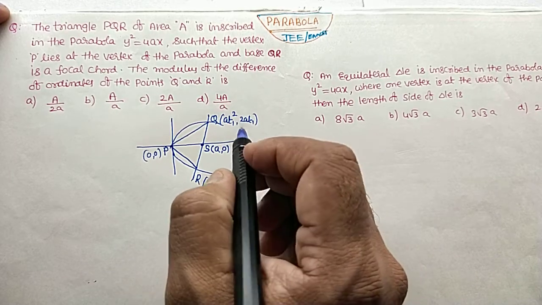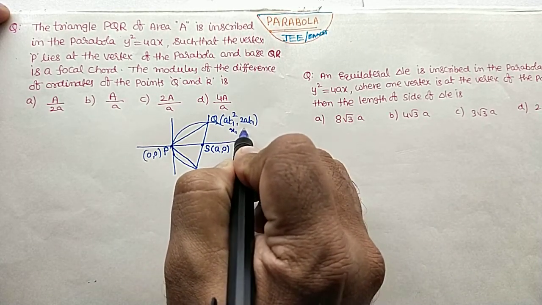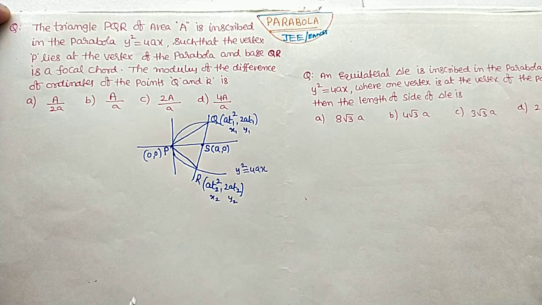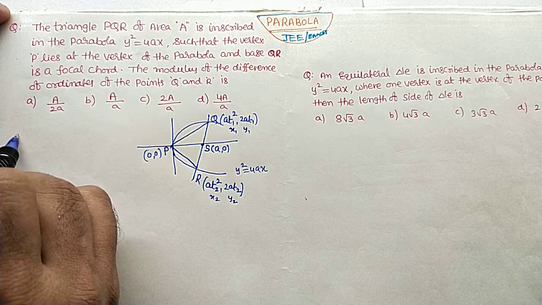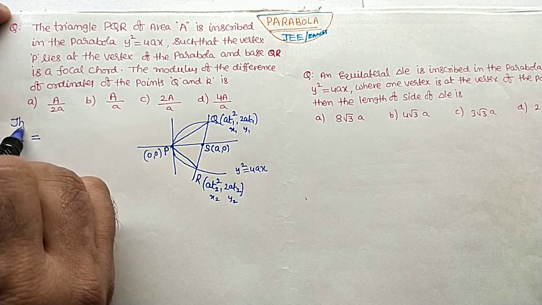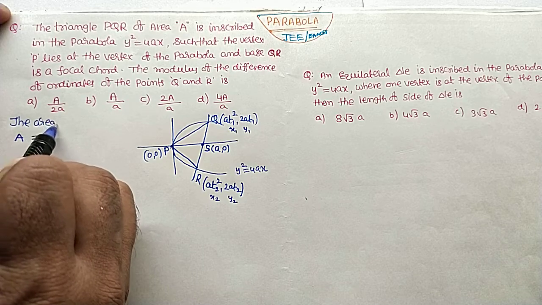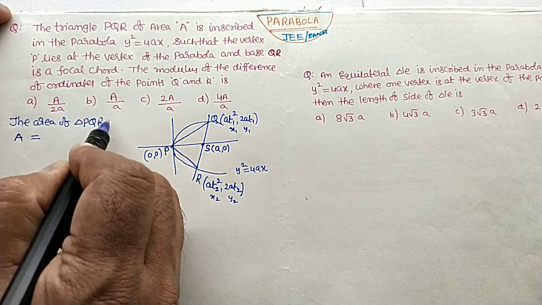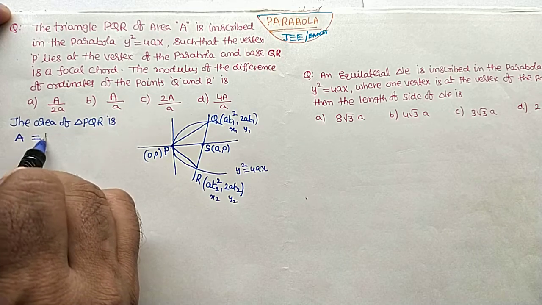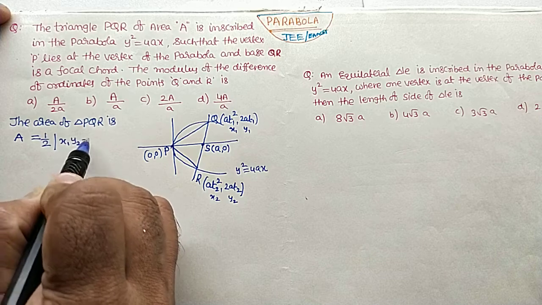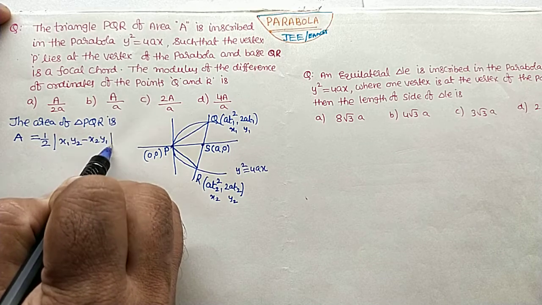So among these two, I am assuming x1 y1, x2 y2. So now the area of triangle PQR, capital A, equal to half into x1 y2 minus x2 y1.